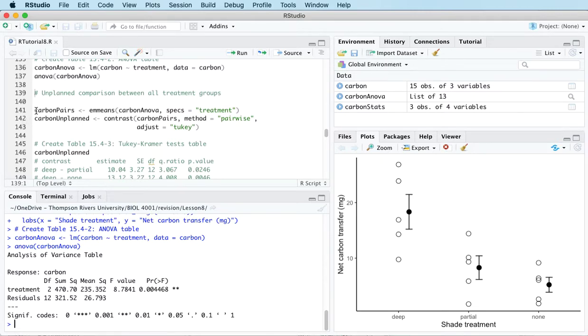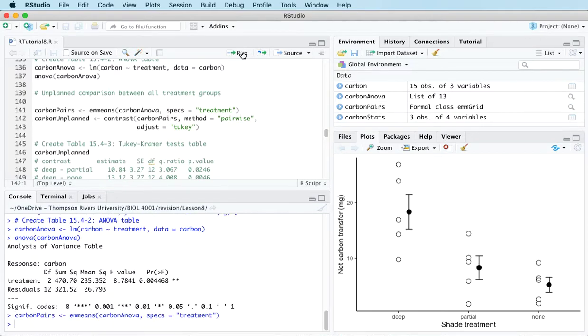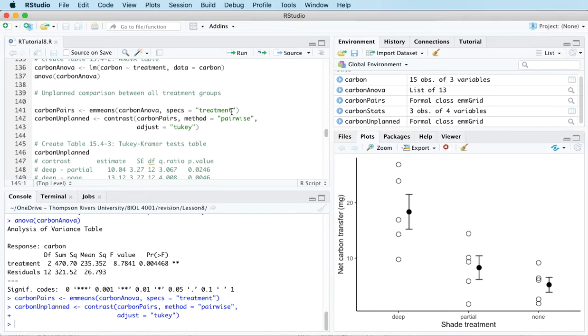And the way that we apply it is to use the emmeans function, just as we did in the last video when we did a planned comparison. And then when we use the contrast function for unplanned comparisons, we need to set the adjust argument to the method of unplanned comparisons that we want to do.